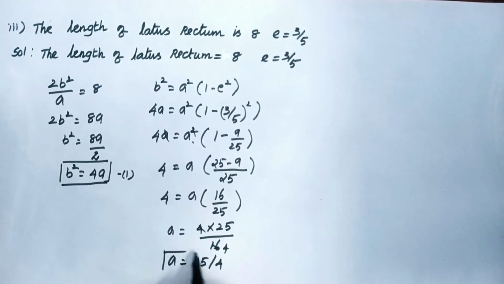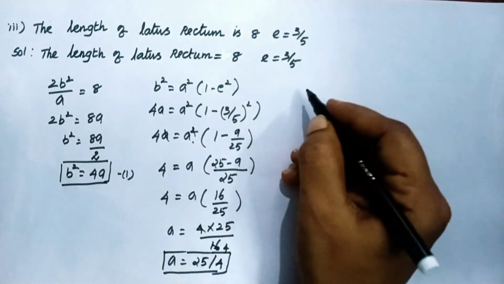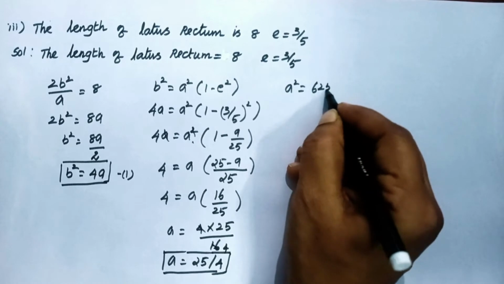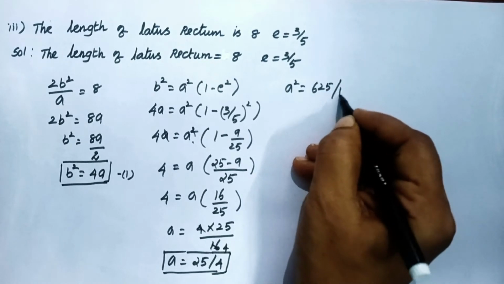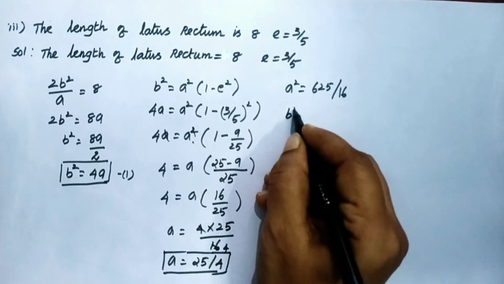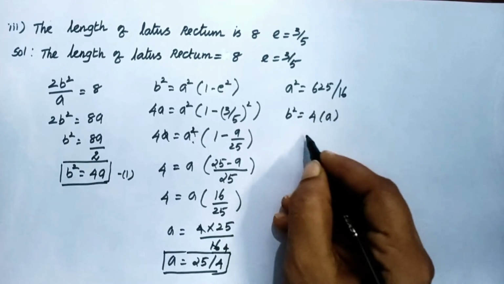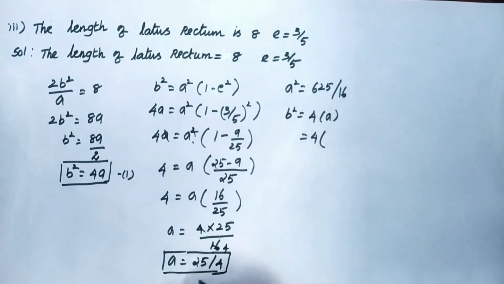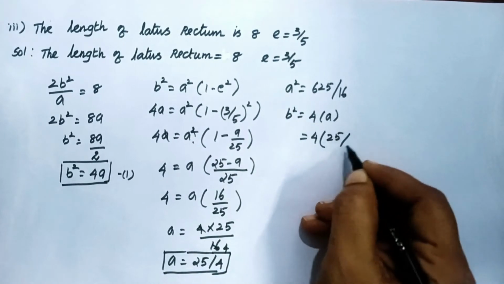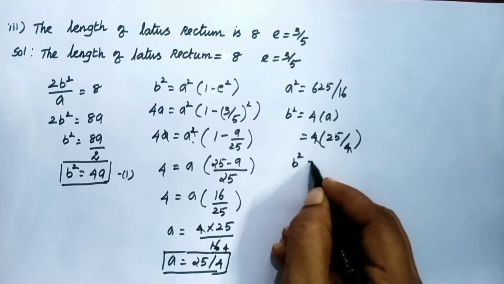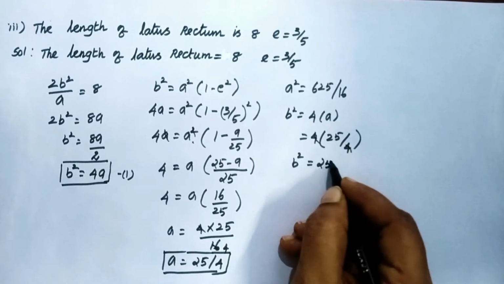So now a squared equals 25 into 25, 625 by 16. b squared equals 4 into a, that is 4 into 25 by 4. 4 and 4 will get cancelled. So b squared equals 25.